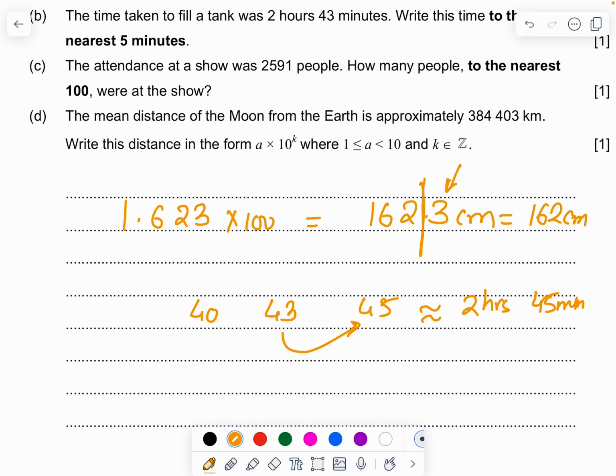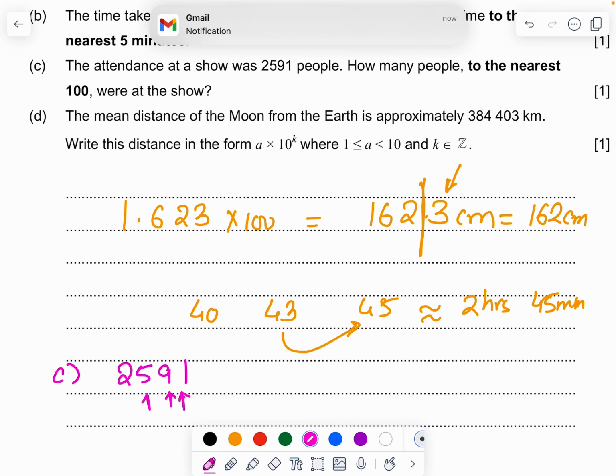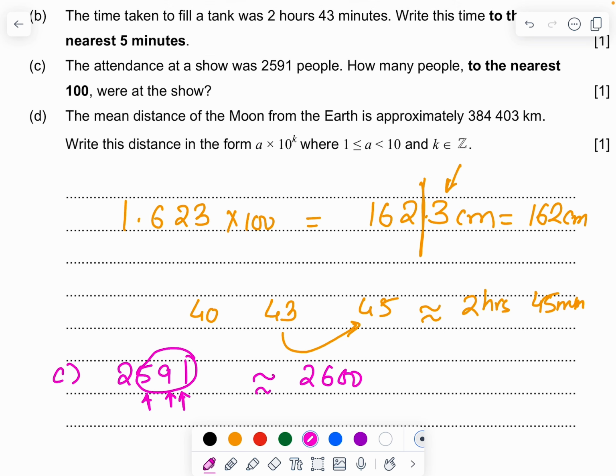Next, the attendance at a show was 2,591. Write to the nearest 100. 2591, nearest 100. This is units, tens, hundreds. So 591. We know that 591 is nearest to 600. So 2600. The mean distance is this. Write it out in the standard form.